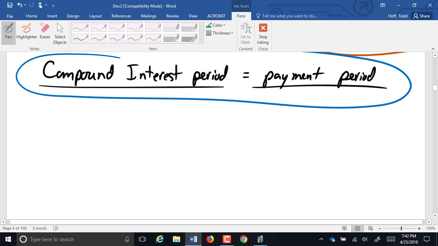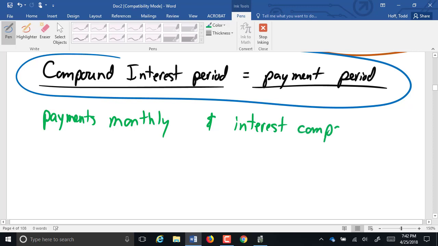So what if you make payments monthly and interest compounds quarterly?